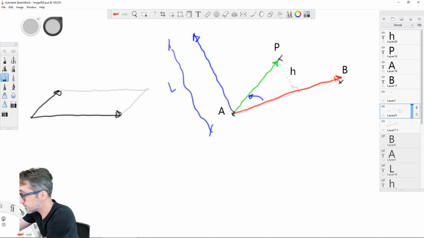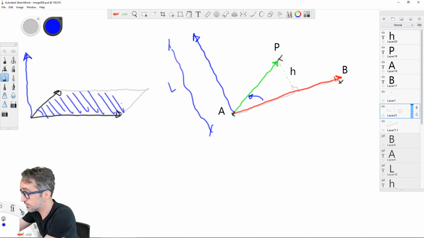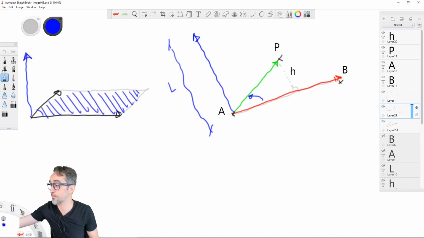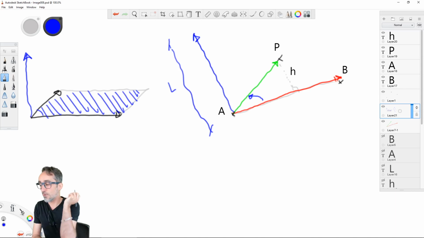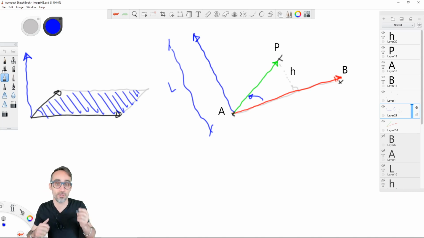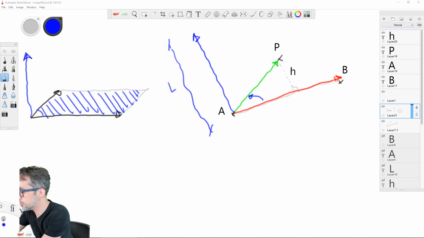And it just so happens that the length of the cross product equals the area of this parallelogram formed by the two vectors. And why is that interesting? It is interesting because we can also use the formula for the area of a parallelogram to then find the height. Let me show you that.